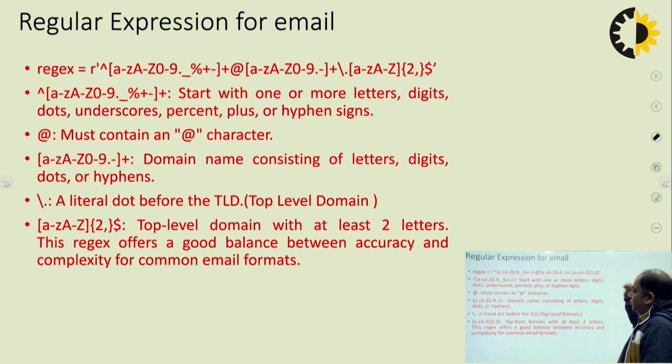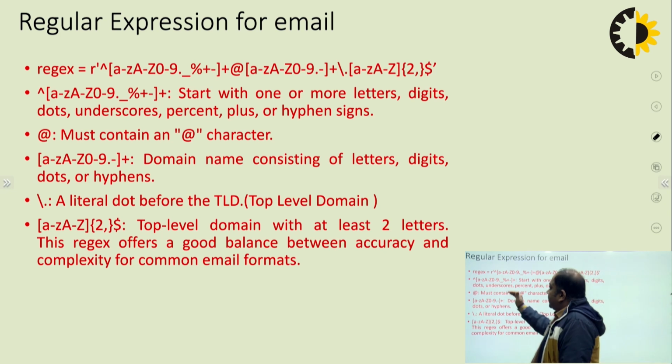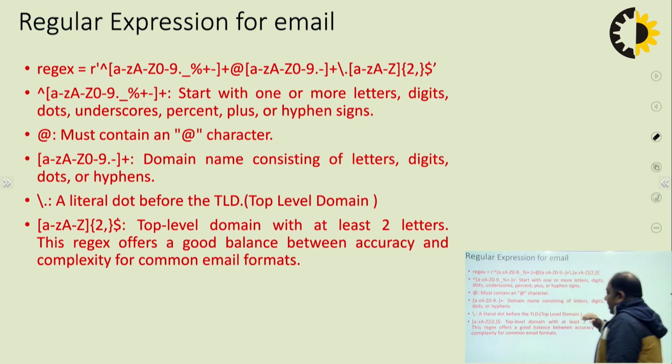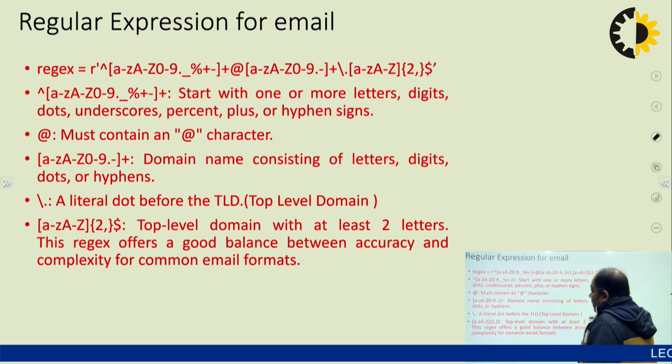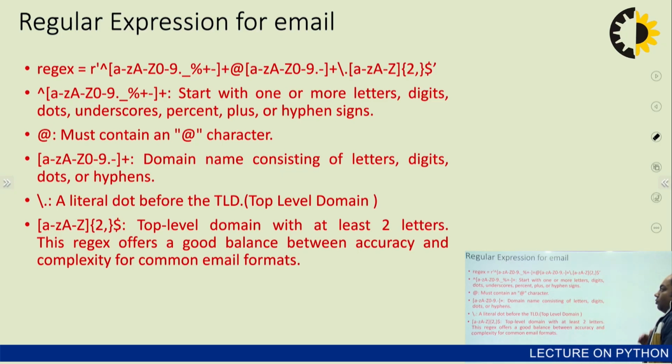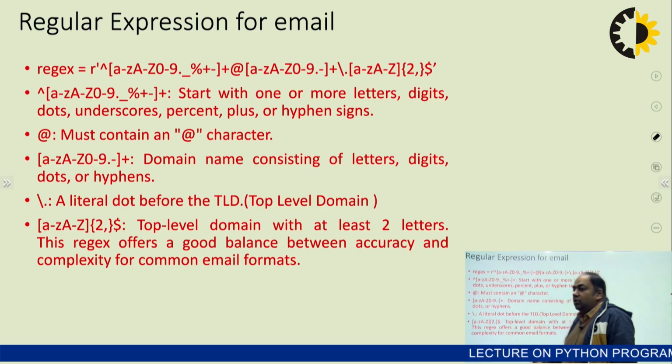Now I will explain this: it starts with one or more letters, digits, dots, underscores, percent signs, plus signs or hyphens, whatever you want to use in your email for validating an email.